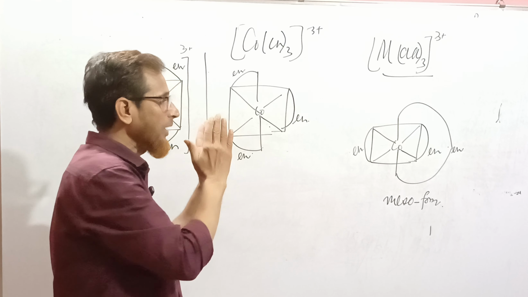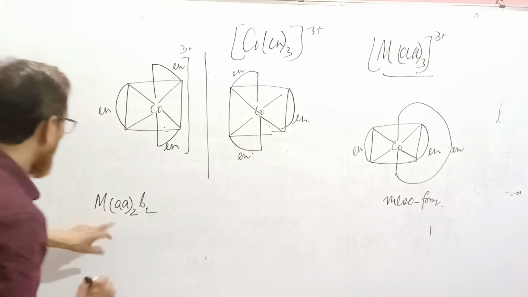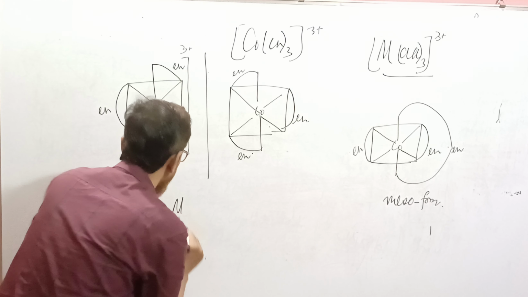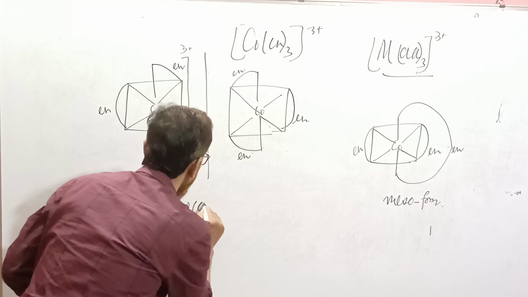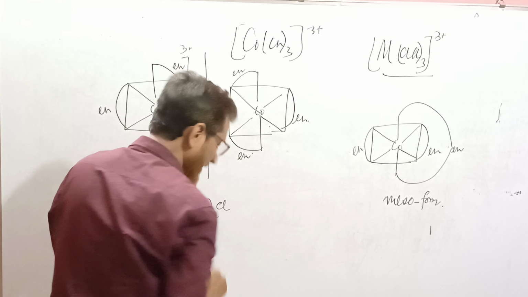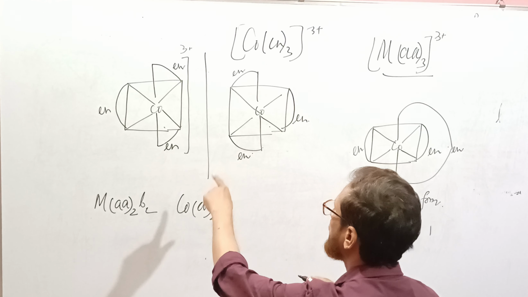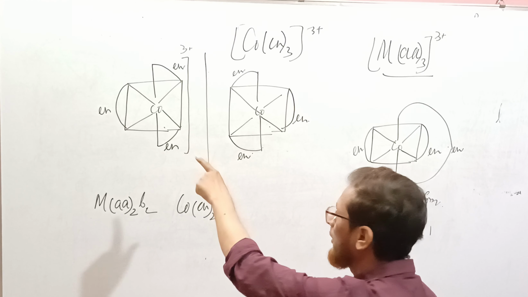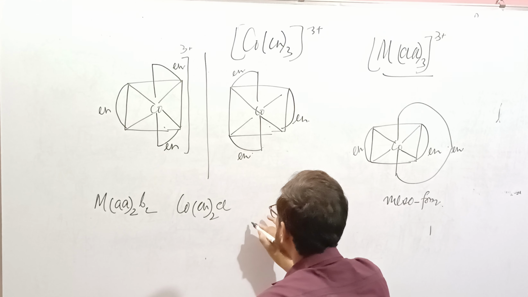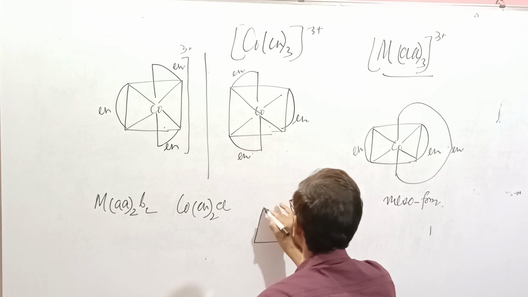In geometrical isomerism, you have seen optical also. Geometrical and optical both it shows. What we took was M CO en2 Cl2. Am I right? We have shown you cis-trans, and also a bit earlier the optical. But out of these two structures, we can draw another structure like this.